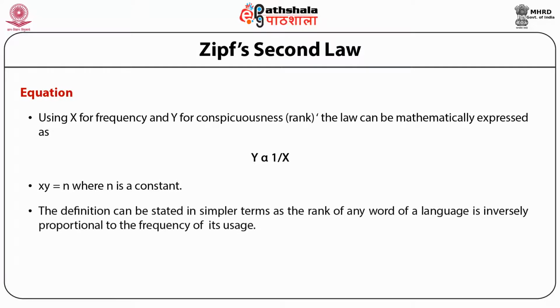The definition can be stated in simpler terms as the rank of any word of a language is inversely proportional to the frequency of its usage. The lower the rank, the higher will be the frequency.